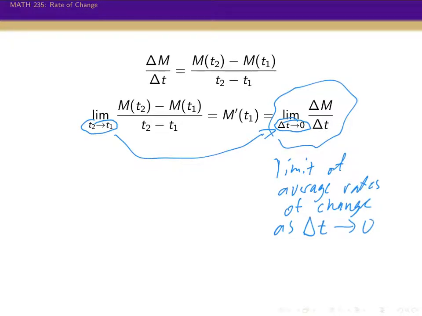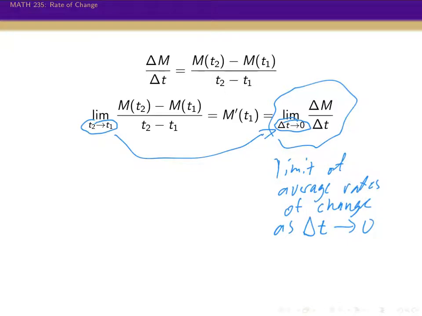Okay. And so in the geometric way of thinking, the derivative represented the slope of the tangent line. Now, if we're talking about an average rate of change as the change in time goes to 0, well, we're thinking about no change in time whatsoever.